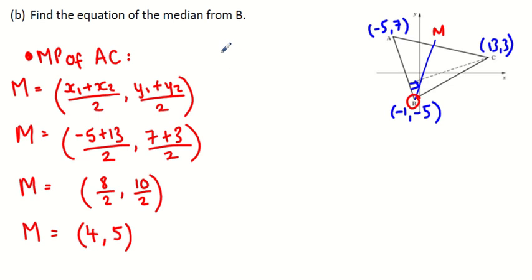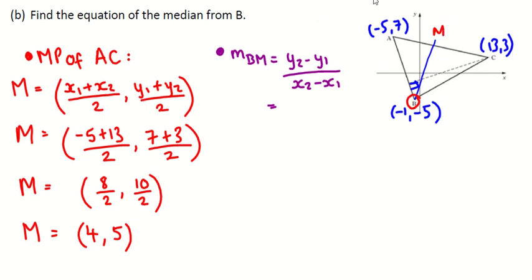The next bit of working is to work out the gradient of BM, because you need a gradient and a coordinate for an equation. So the gradient formula is y2 take away y1 over x2 take away x1. I'm looking at B and M, the y coordinates first. Let me just put in what my M is.